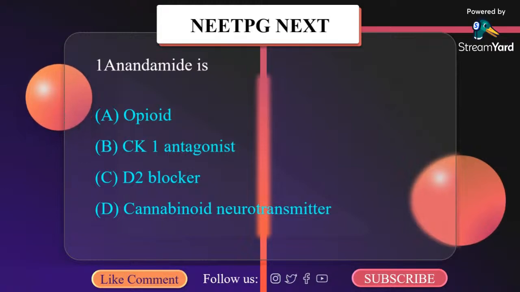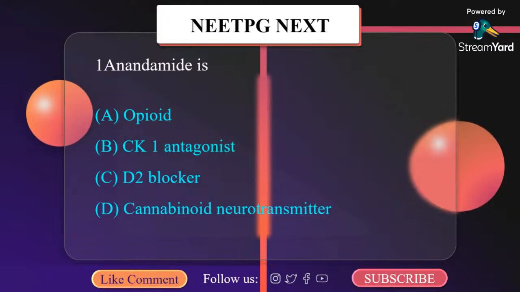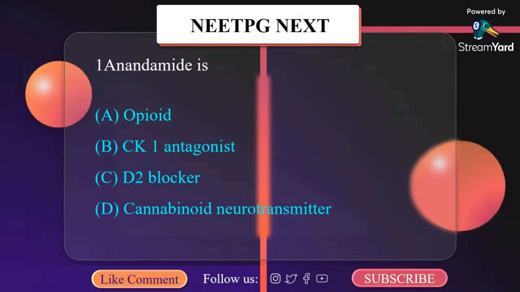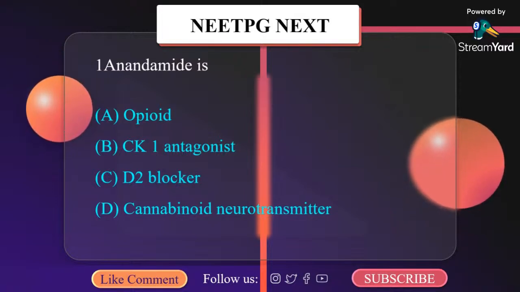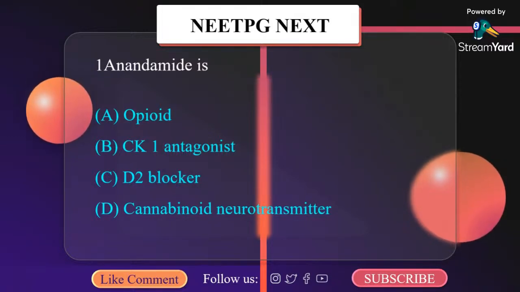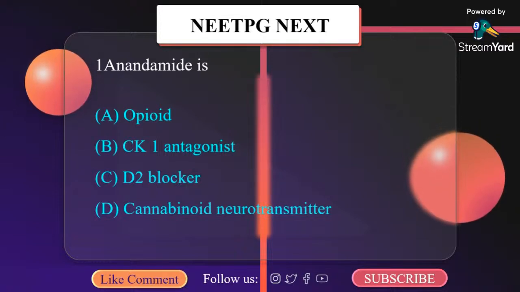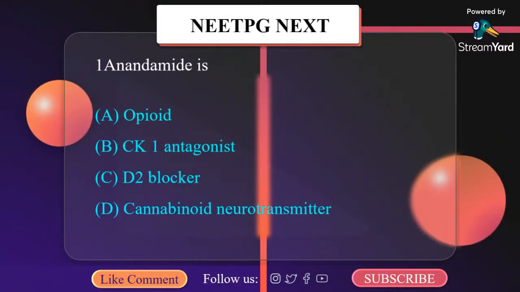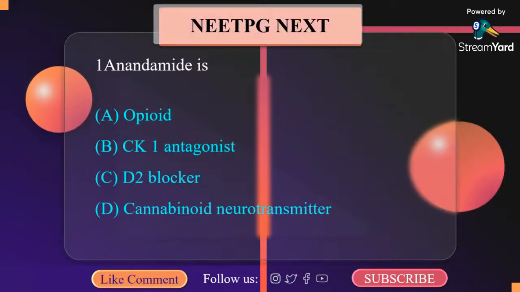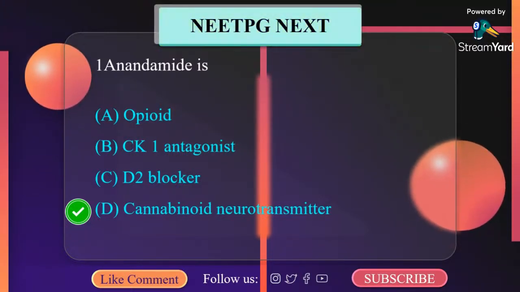It is synthesized from N-arachidonoyl phosphatidylethanolamine by multiple pathways. It is degraded primarily by fatty acid amide hydrolase, FAAH, which converts anandamide into ethanolamine and arachidonic acid. So inhibitors of FAAH lead to elevated anandamide levels. So the correct answer here is D. Anandamide is a cannabinoid neurotransmitter.